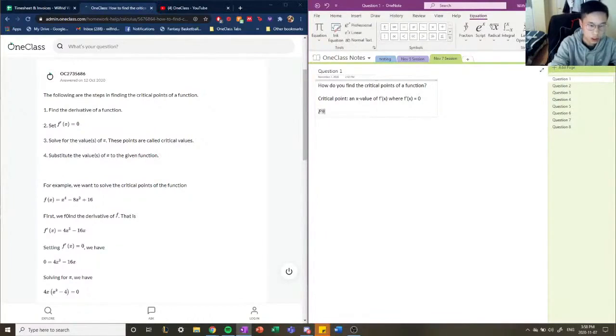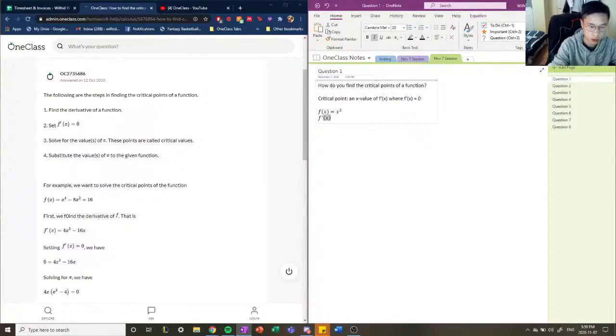Our function equals x squared. Our derivative, and from now on for the entire lesson, I'm going to call the derivative f prime of x and the second derivative f double prime of x, is equal to 2x. So that's our first step.